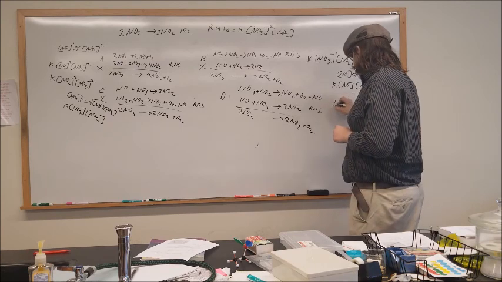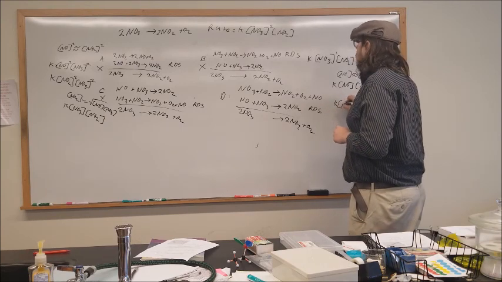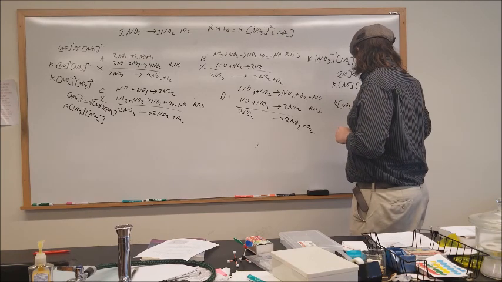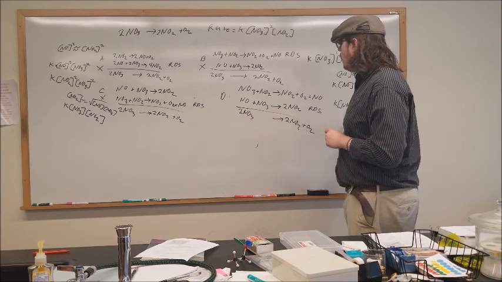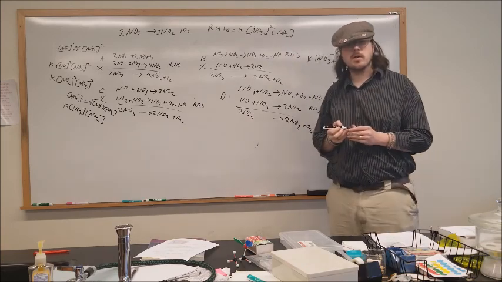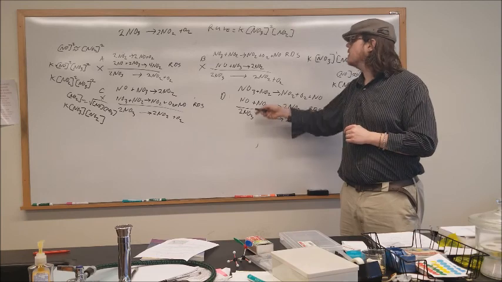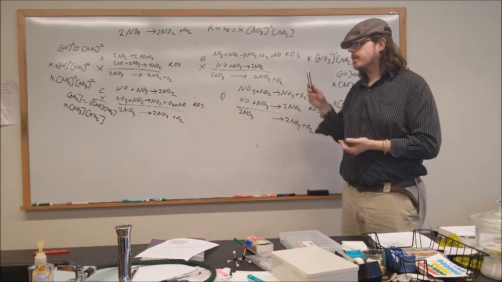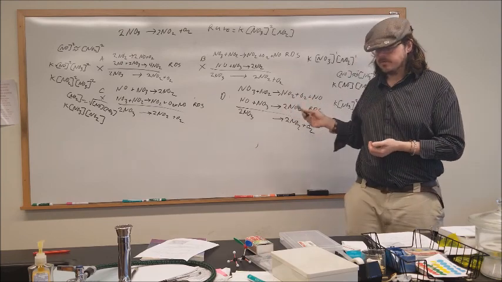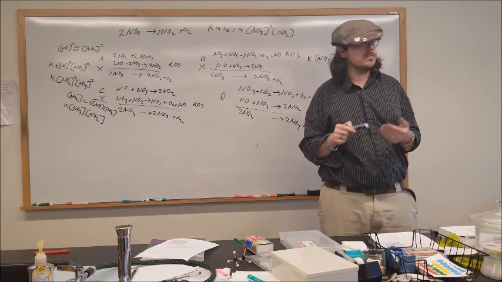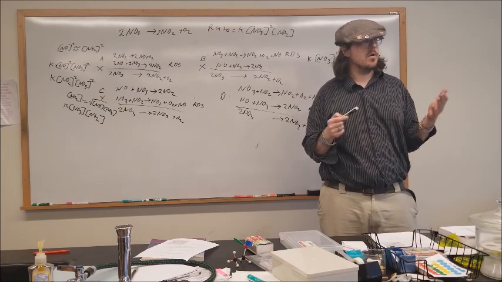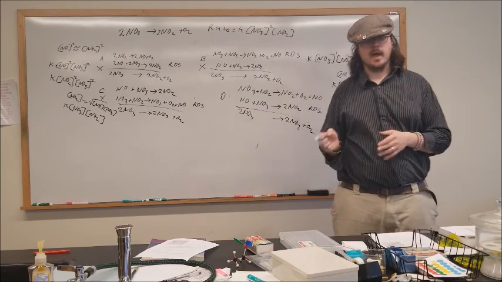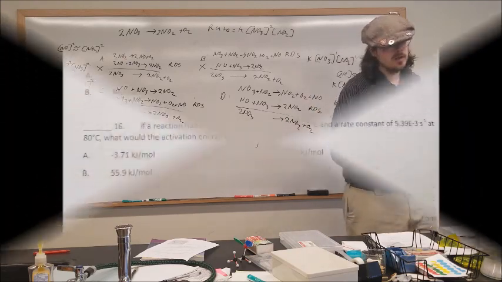Plug those in, we get k equals NO3 squared NO2. Oh, hey, that matches our rate law, and they add up to be the right reaction. That is a valid mechanism. That is what we're looking at. Valid mechanism. The products and reactants have to add up to get the overall reaction, and the rate determining step has to match our rate law.